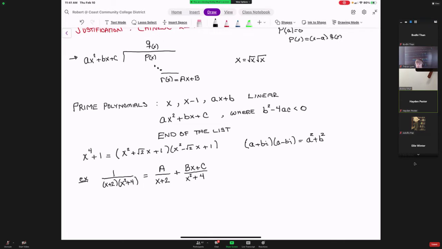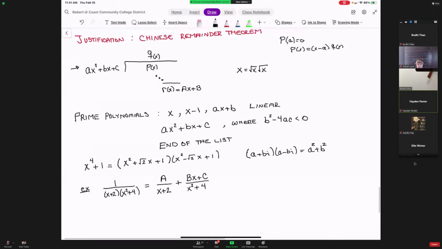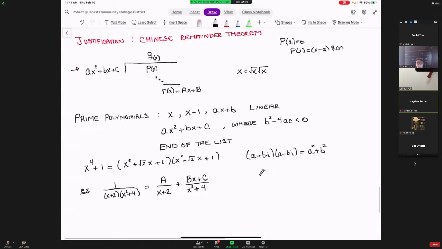Now, this portion doesn't have an analog in the integers because the polynomial structure is considerably more rich. There's more going on there.